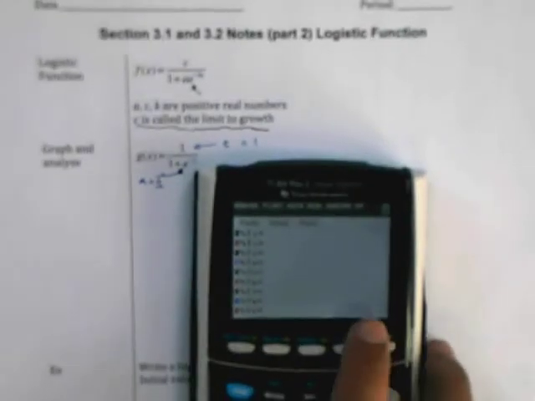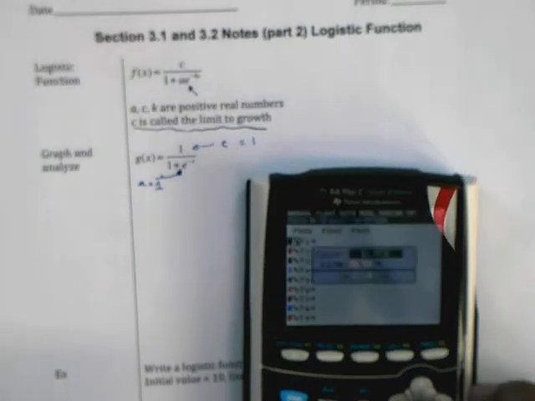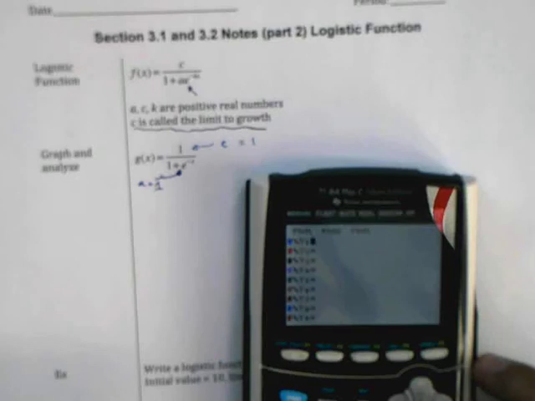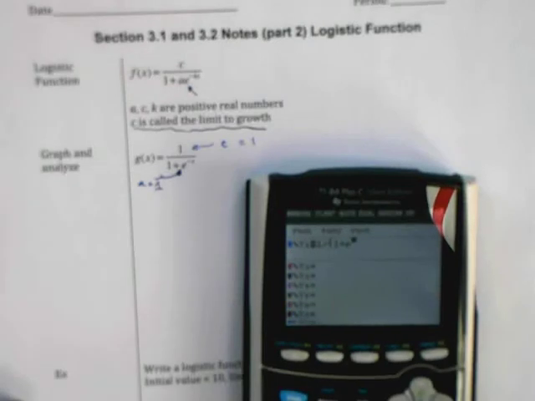We'll go to our TI-83/84 graphing calculator and graph 1 divided by 1 plus e to the negative x.